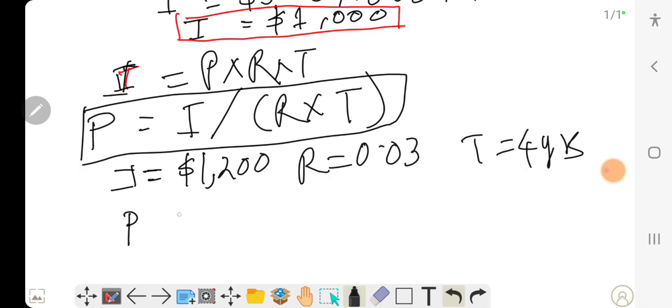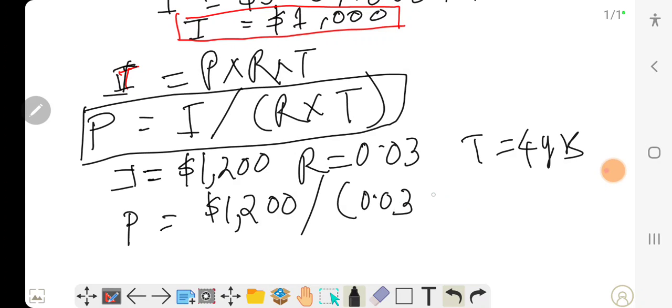The P is going to be I, $1,200, divided by R, 0.03, multiplied by 4 years, which is equal to, your principal amount will be $10,000.